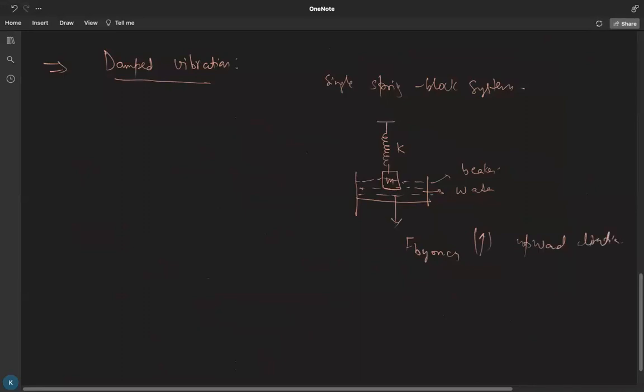That means there is an external force acting on the system which affects the oscillatory motion of the single spring block system, right? I hope it will be clear to all of you what I'm trying to say, right?